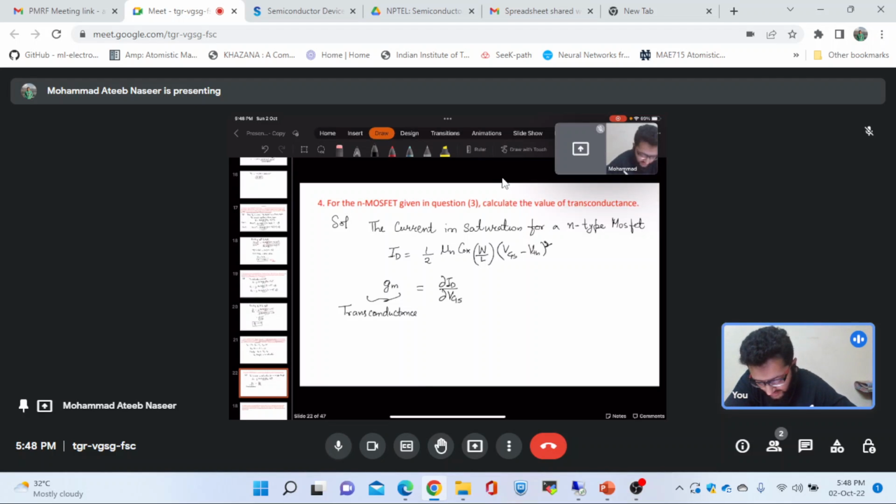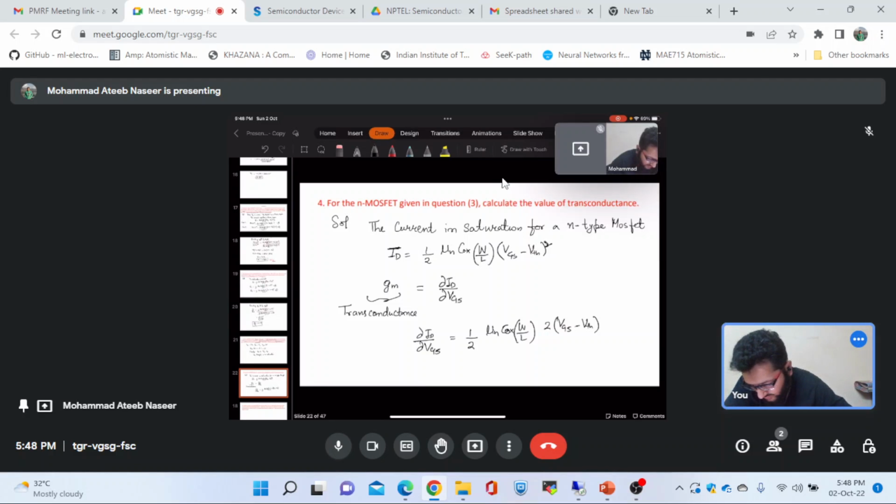So let's take the derivative of this equation. dID by dVGS will simply be equal to 1 by 2 mu n Cox W over L into 2 times (VGS minus VTH).